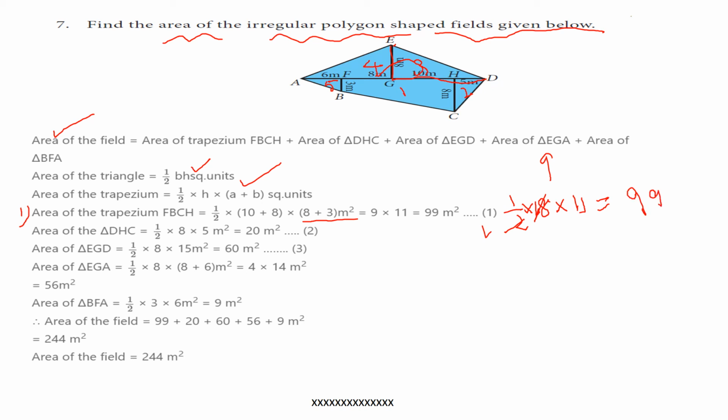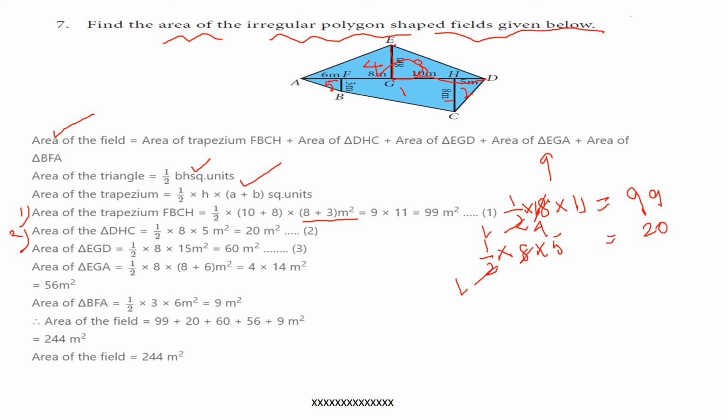And the second one, area of triangle DHC. So half into B into H. So half into B is 8 and H is 5. So 1 2 is 2, 4 2s are 8, 4 5s are 20 meter square.